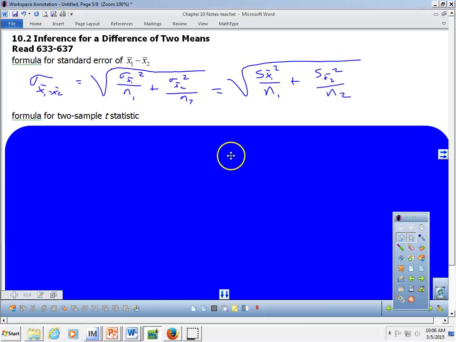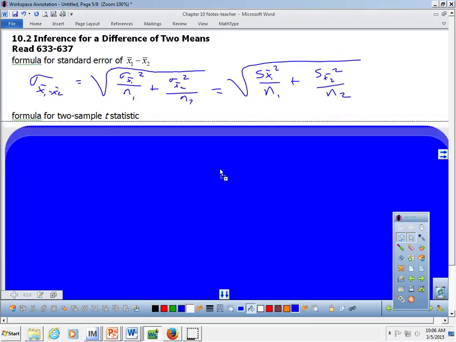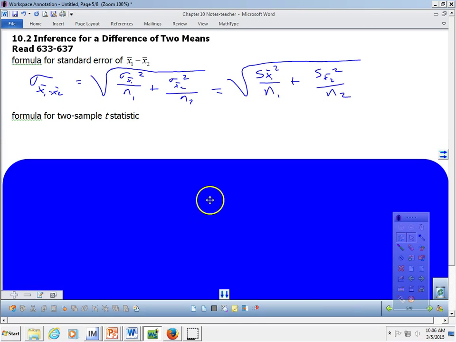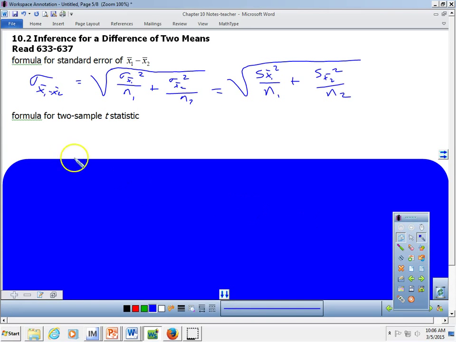And so now we want to get into the formula for a two-sample t-statistic, okay? What is that going to look like? Okay, and we'll do this, and then we'll put it on hold until we get to our test, right? But our two-sample t-statistic, and why are we using t instead of normal?